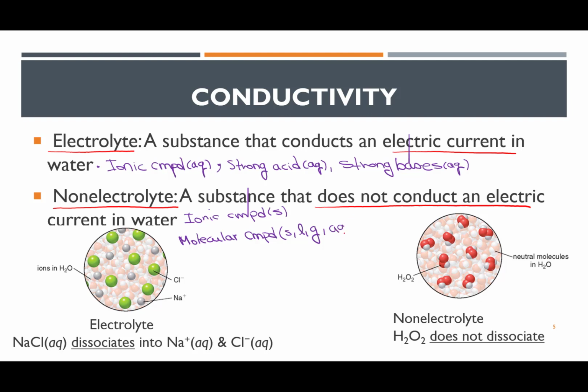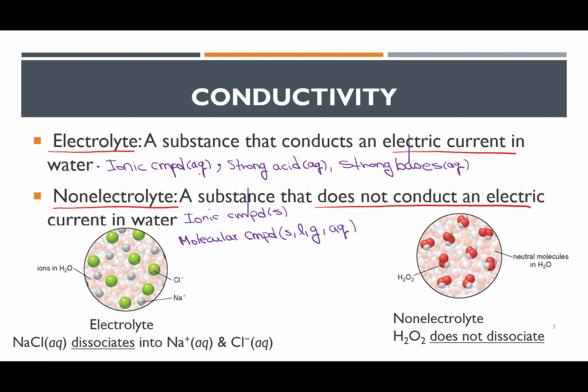In any state, they are incapable of conducting electricity. Then for electrolytes: ionic compound in aqueous state, strong acids, strong bases. They are good conductors of electricity. And non-electrolytes: ionic compound in solid state and molecular compounds in any state.